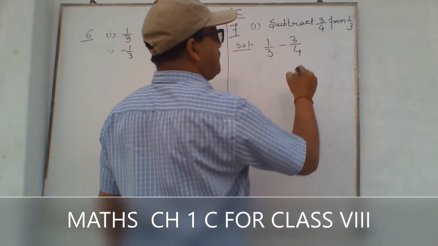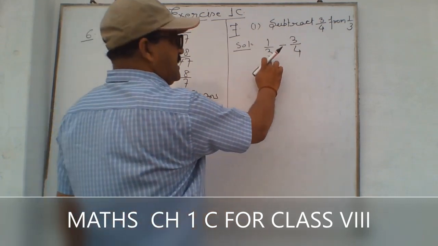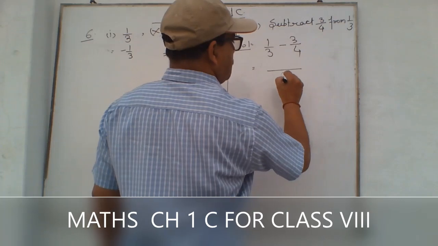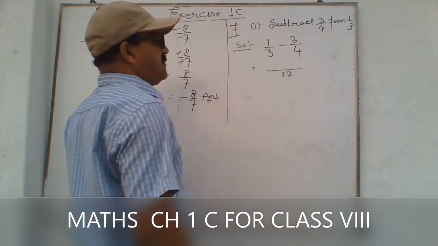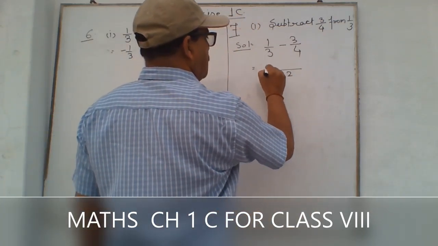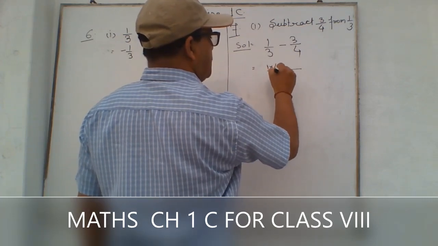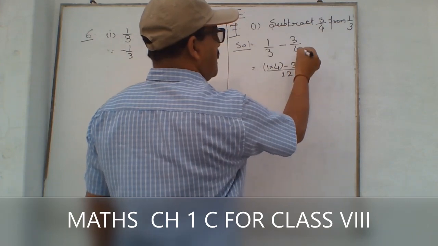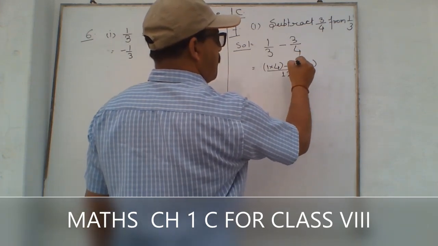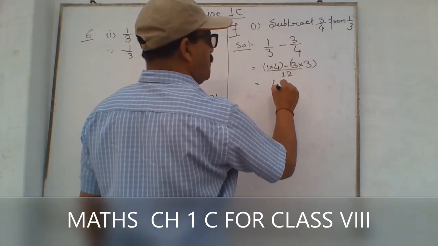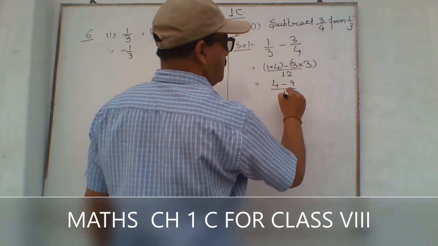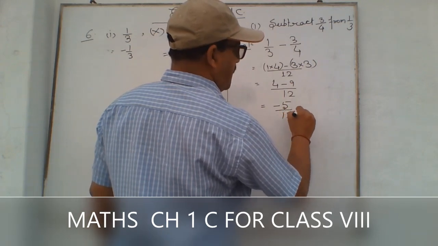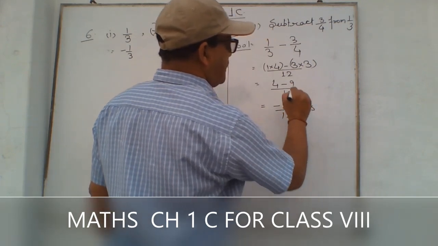After that 3 by 4 will be written. Take the LCM of 3 and 4. We will obtain 12. Again 1 into 4 minus 3 into 3, that is 4 minus 9 by 12. Here the answer is minus 5 by 12. This is the answer of it.